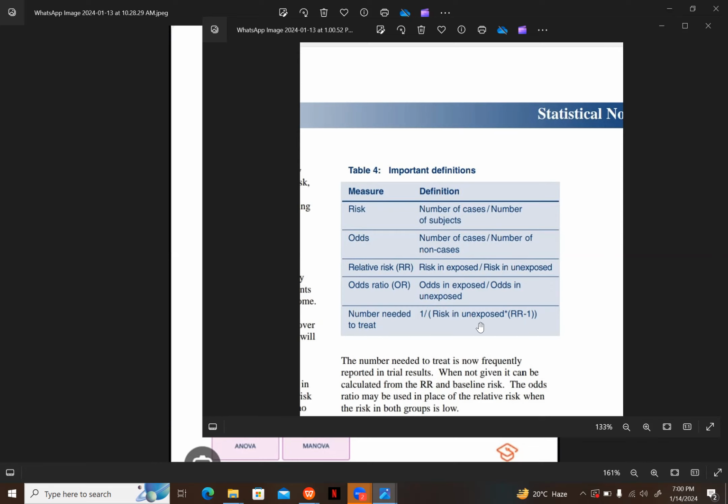For number needed to treat, remember it like this: the higher the value of NNT, the less effective your treatment is. Just write one sentence for yourself: the higher the number needed to treat, the less effective your treatment is. That's it. And just remember the formula.